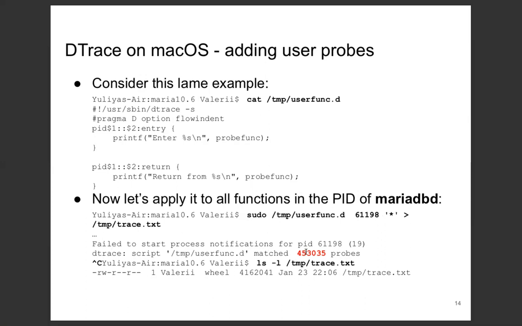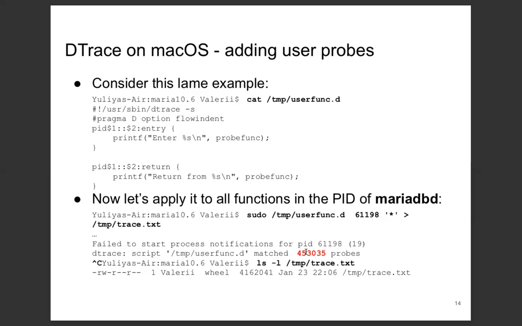And I had more than 450,000 probes. So these are a number of different functions. With BPF trace in current MariaDB code, I have less than 40, as far as I remember. Yes, surely less than 40,000 potentially probable functions on Linux.